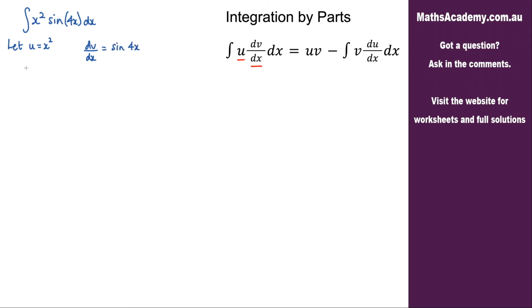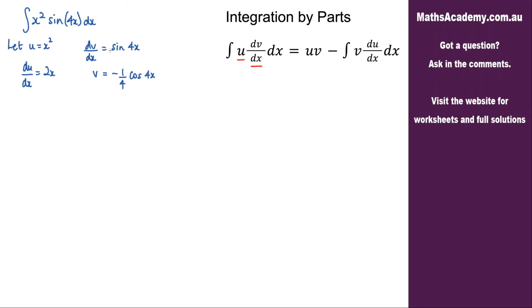We'll go ahead and differentiate this to get du by dx is equal to 2x, and integrating here we would get negative a quarter cosine of 4x. Now, if you're not sure how to integrate sine 4x, I'll leave a link in the top right hand corner to a video that will show you how to do that.